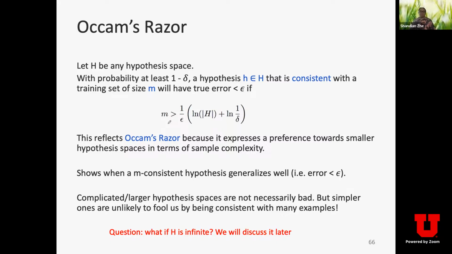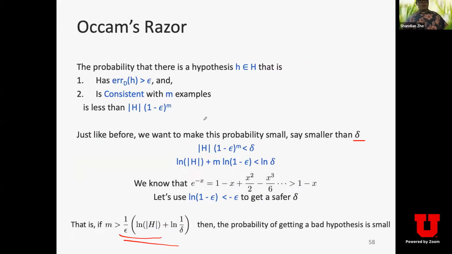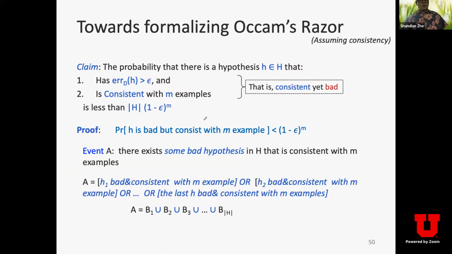So now we come to the question I think you guys have asked: what if your hypothesis space is infinite? If your hypothesis space is infinite, all the proof you have gone through previously won't work, right? Because remember, when we proved this, we decomposed this event as a union of a finite number of sub-events.